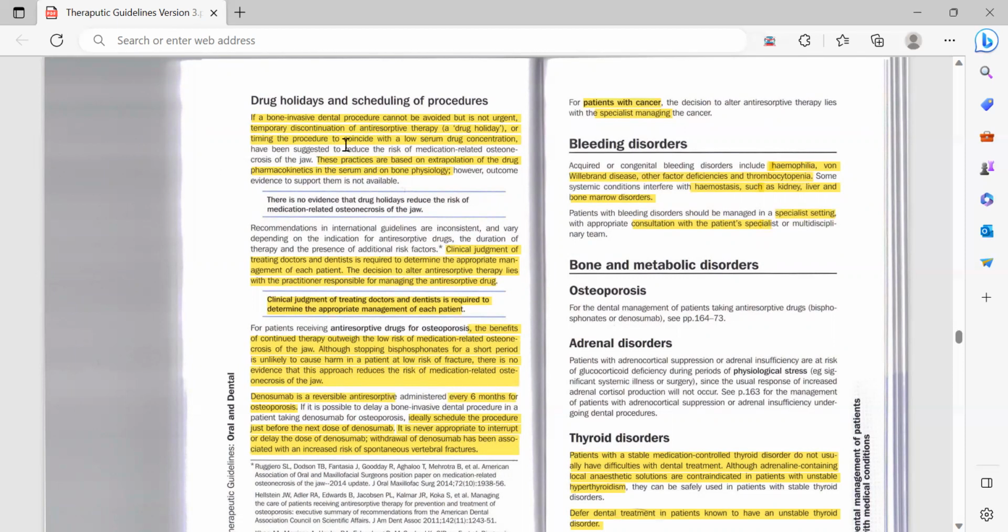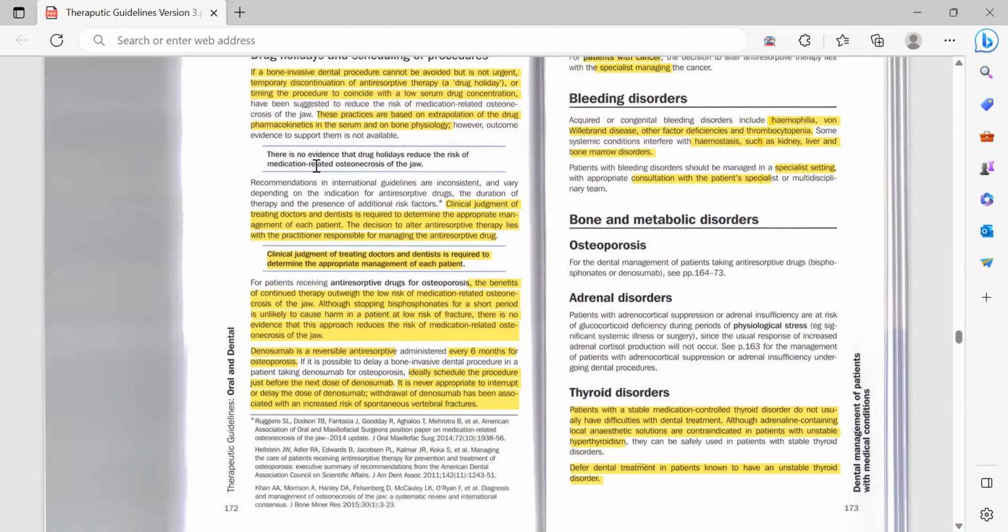But this is not really used now, because these anti-resorptive drugs, like the bisphosphonates, have a very long half-life. Even if the patient stops taking the medication for 2 or 3 days by doing a drug holiday, there is still an amount of drug in their blood. So there is not really good evidence to support this practice of the drug holiday.